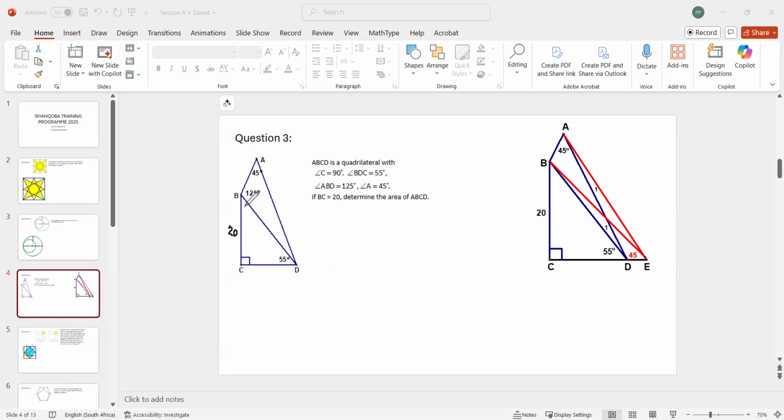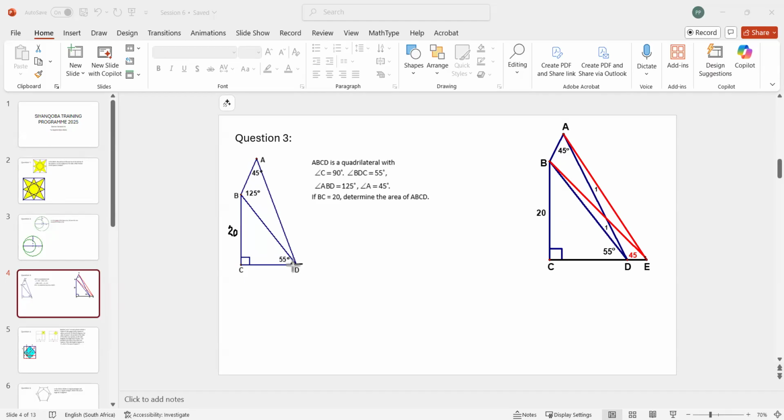In other words, I want to create an isosceles triangle at this spot. I'm going to extend CD to make that new line 20. It's not quite clear at this stage as to why we do that.